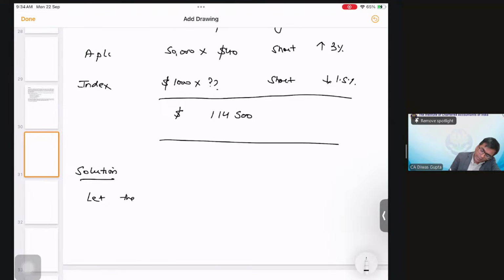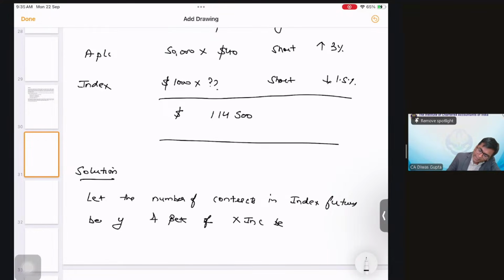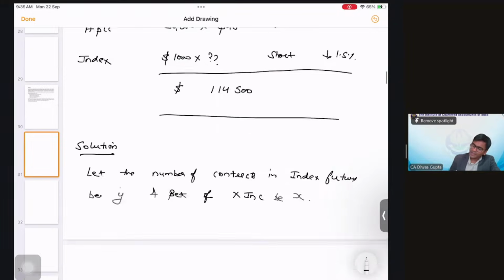Let the number of contracts in index futures be Y and beta of X Inc. be X. So these are the two missing elements. Let's assume both of them. One is Y and one is X.